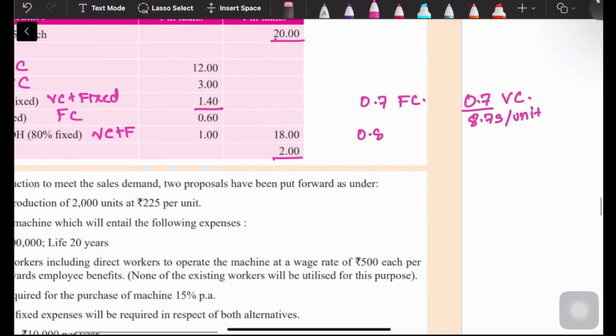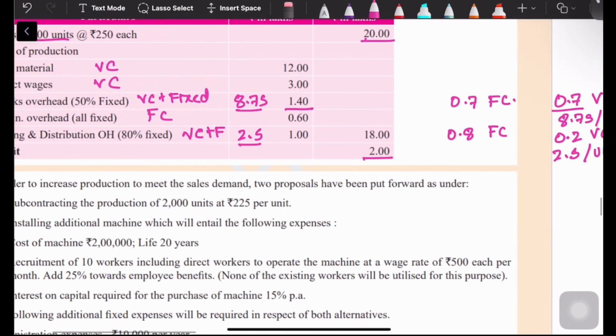So 0.8 is fixed cost, 0.2 lakh is variable cost. 0.2 lakh means 20,000. 20,000 divided by 8,000 units, 2.5 per unit. So this is 2.5, this is 8.75. So my all fixed cost will be 0.6 plus 0.7 plus 0.8. So 2.1 lakh is my total fixed cost.